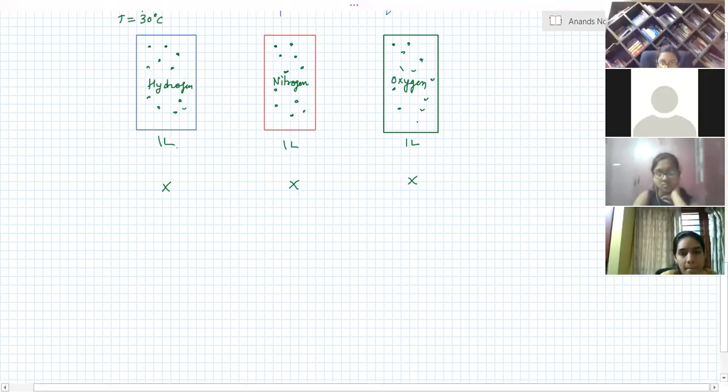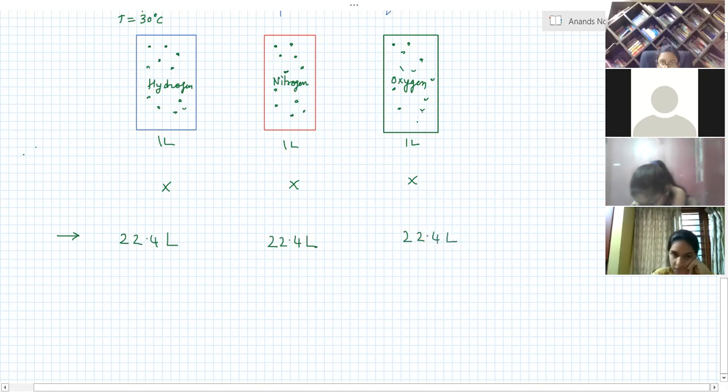So next, I will extend this law and say 22.4 liters of hydrogen, 22.4 liters of nitrogen, and 22.4 liters of oxygen at standard temperature and pressure.